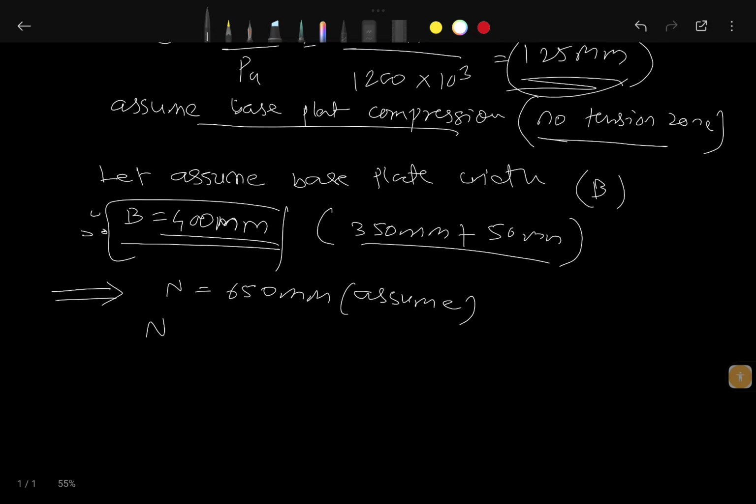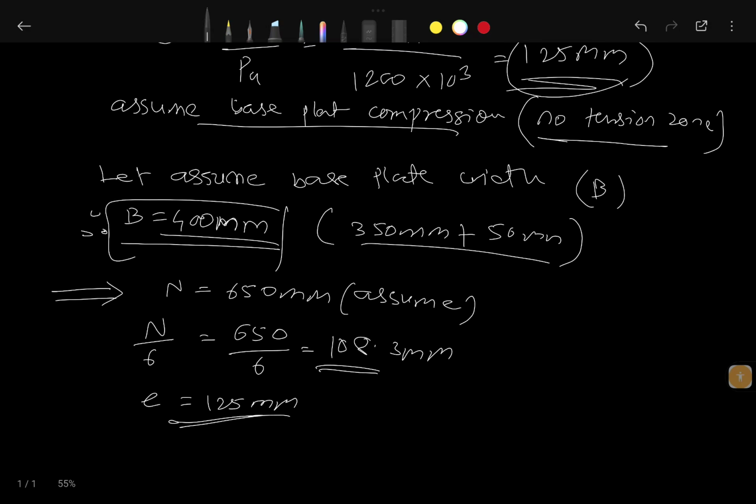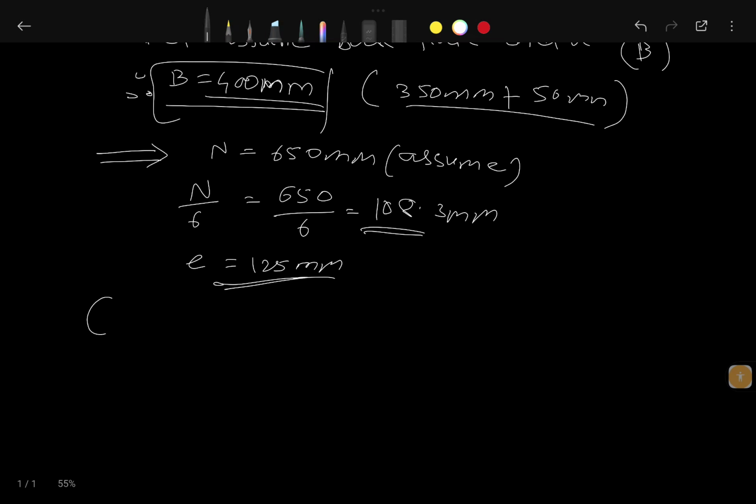Now N by 6 is equal to 650 divided by 6. This value comes 108.3, but our eccentricity is 125, so this value is greater than 108.3. This means the part of the base plate is under tension.